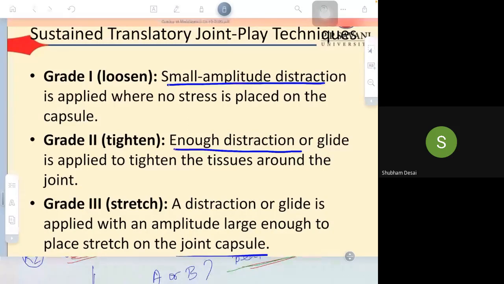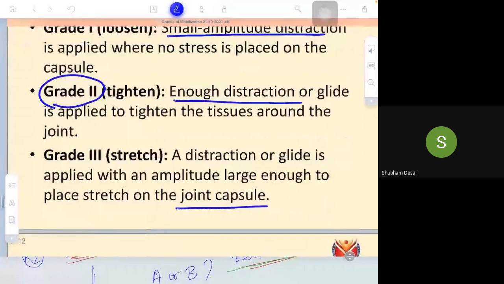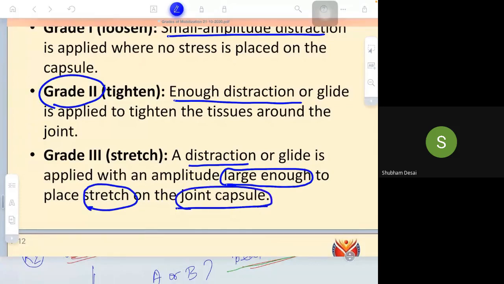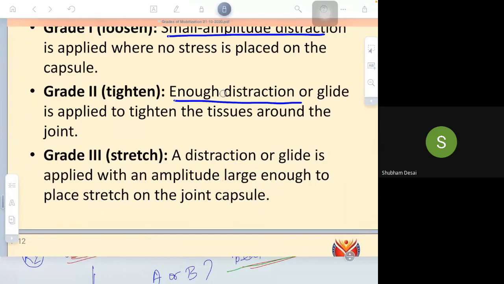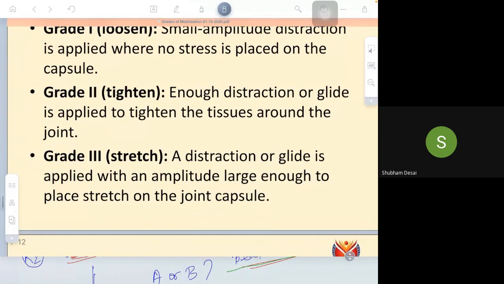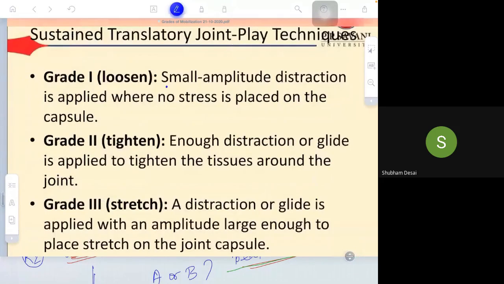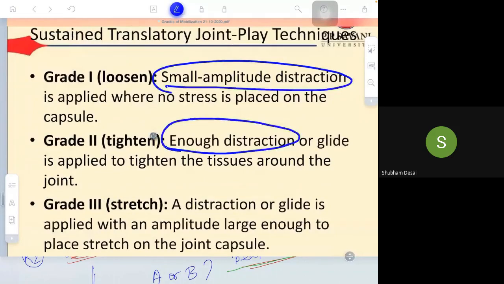It is called grade 2. And what is 3? Here also you are doing distraction, but it is large enough, and here there is stretch in the joint capsule. Only 3 points you should remember: one is small amplitude distraction, second is enough distraction, third is large enough distraction.